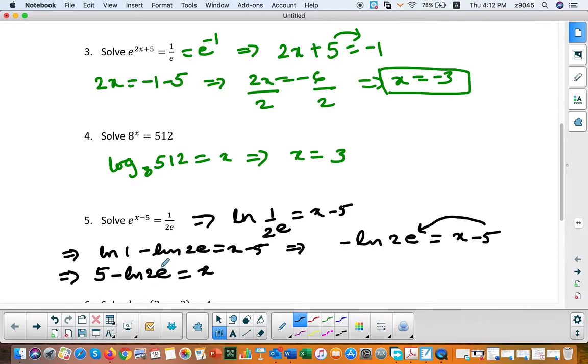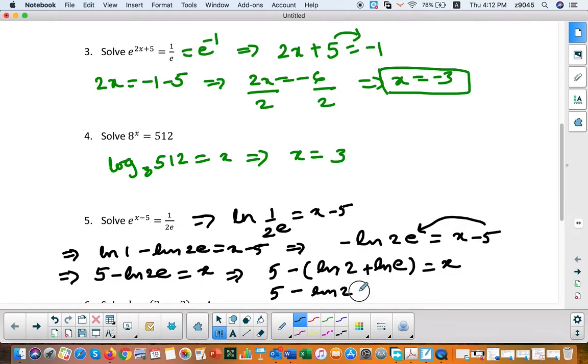We can simplify further using the property for the ln of a product, so 5 minus ln 2 plus ln e equals x. The value of ln e is 1, so 5 minus ln 2 minus 1 equals x. So the value of x equals 4 minus ln 2. This is the value of x.